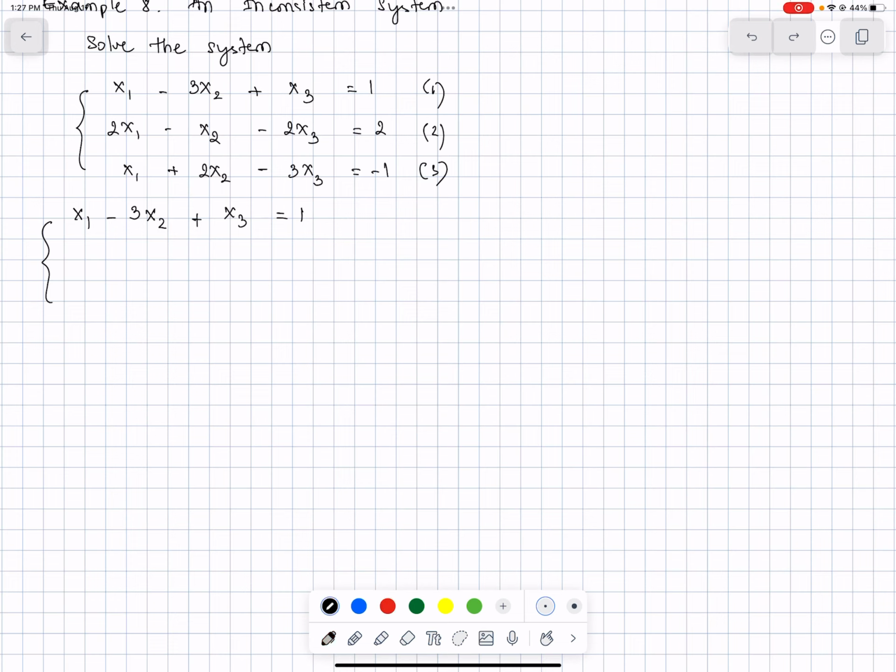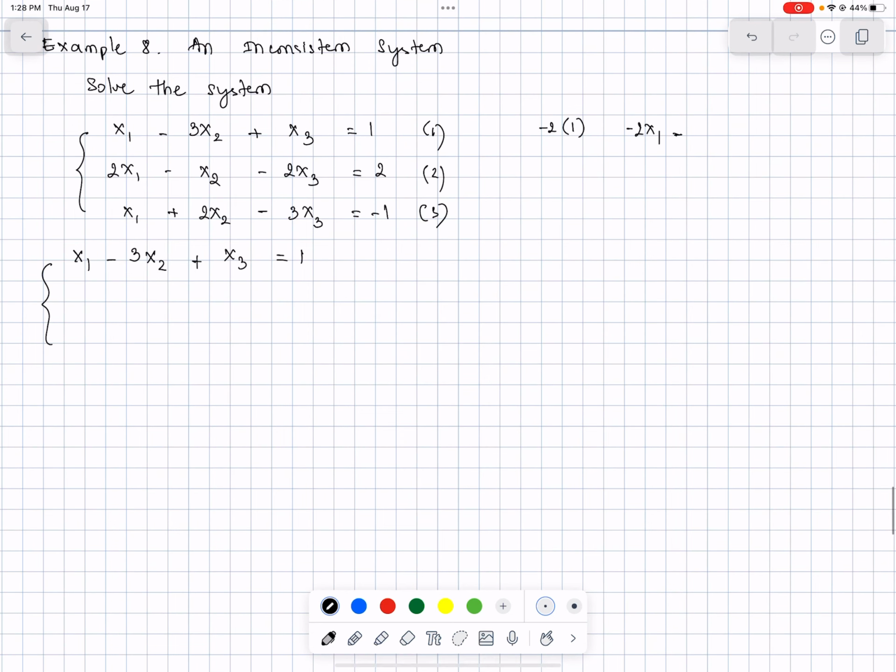So if I multiply by -2 for the first equation, I will get -2x1 plus 6x2 minus 2x3 equal -2. And then I write down equation number 2 again.